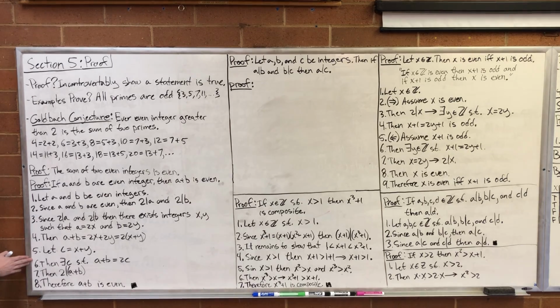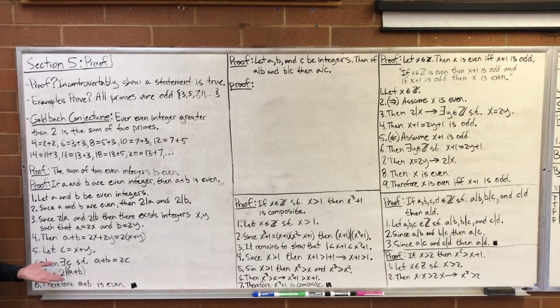So I've got line 6, and I've got line 3. Lines 4 and 5 are the bridge between. Lines 4 and 5 are where you, on your own, have to come up with a way to connect these two things. Now you'll notice line 6 is talking about A plus B, and in line 3 we have an A and we have a B. What's the natural thing to do?